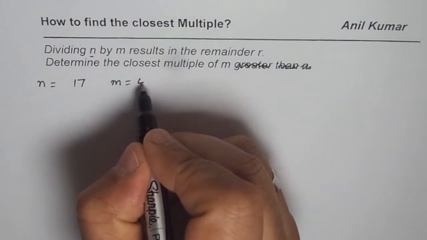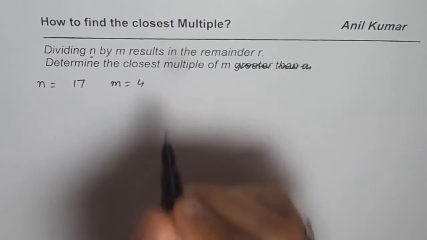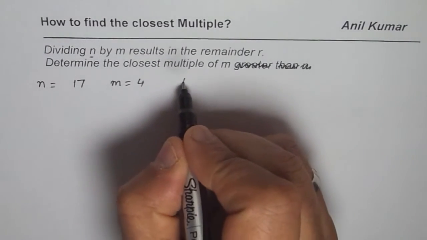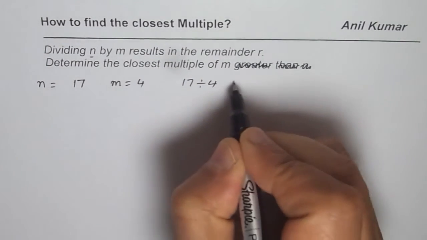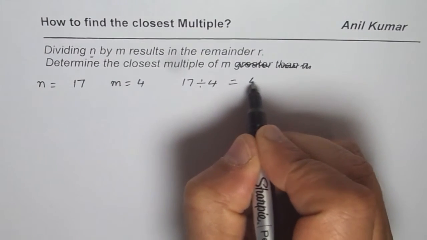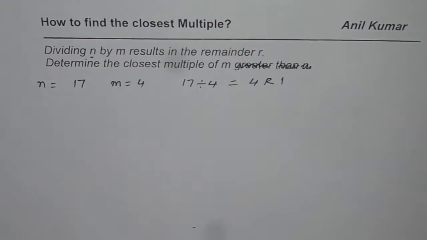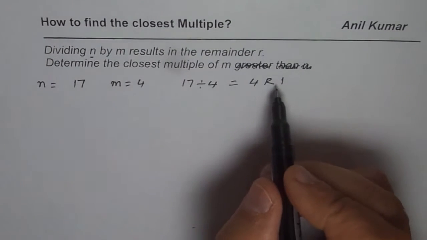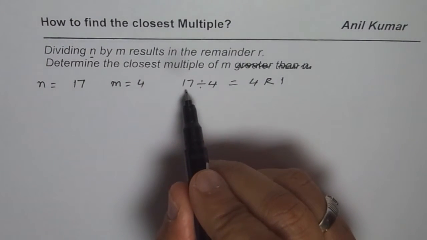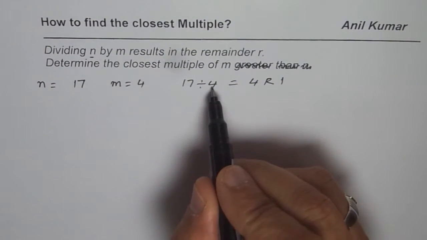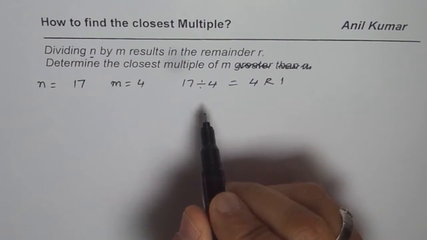Let's say we divide by 4. Then 17 divided by 4: 4 times 4 is 16, and the remainder is 1. Now the idea is what numbers are close to 17 which are multiples of 4. This is what we have to figure out.